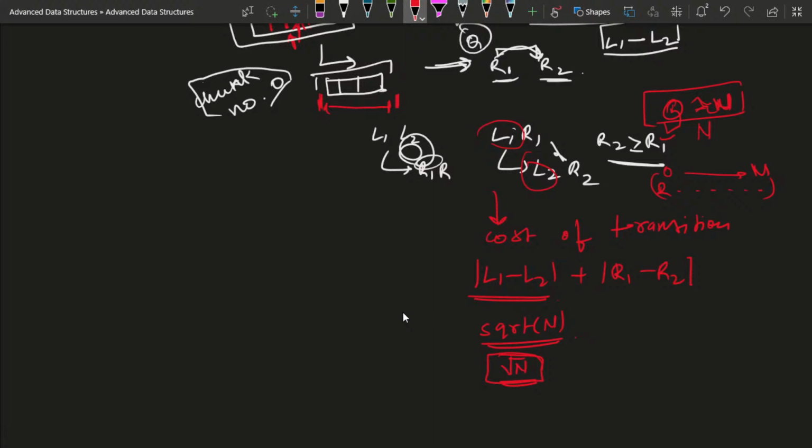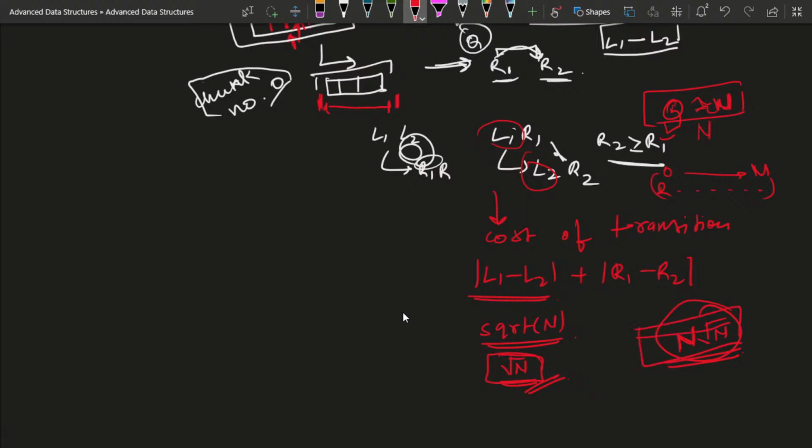So the right hand would be n, and for each query, my left hand is going to move only root n. So that is going to cost me n root n as the time complexity.